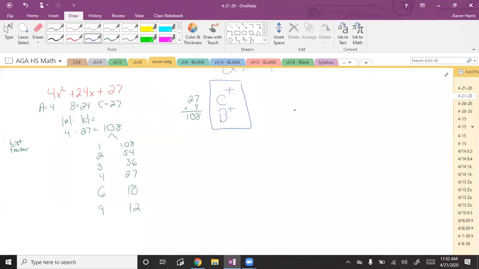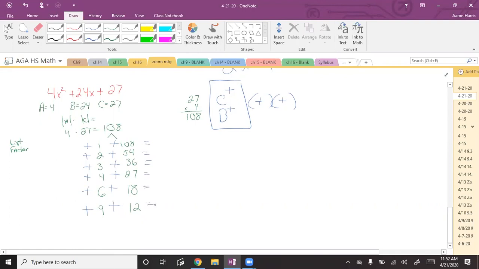So therefore, both of the factors are going to be positive. Which one is going to equal out to B? It's going to be 6 and 18. Good, because that's equal to what? 24. Good.